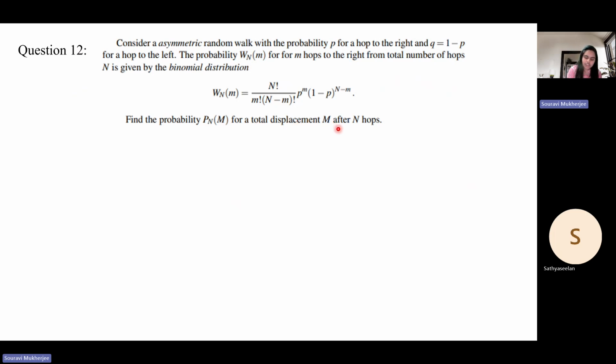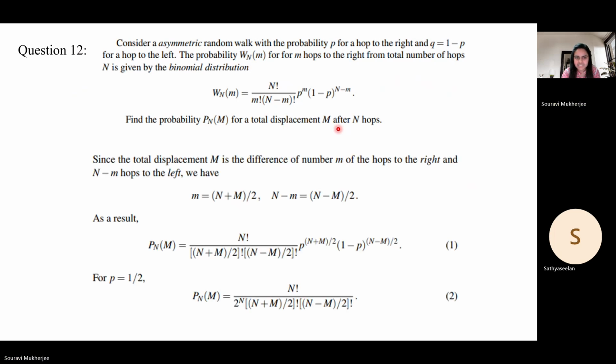So now what it says is you have taken some steps to the right and some steps to the left. It is asking what is the probability of total displacement M. So you have to rewrite your n and m in terms of the total displacement.